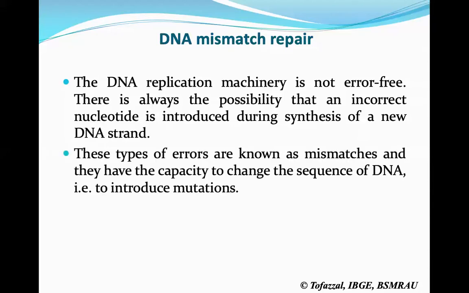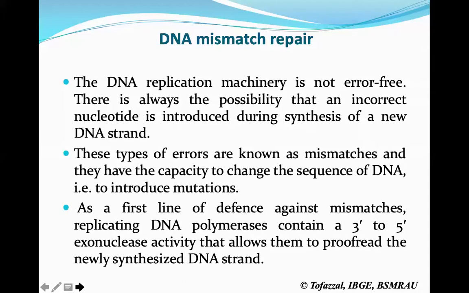These types of errors are known as mismatches, and they have the capacity to change the sequence of DNA or to introduce mutation. As a first line of defense against mismatches, replicating DNA polymerases contain a 3 to 5 prime exonuclease activity that allows them to proofread the newly synthesized DNA strand.